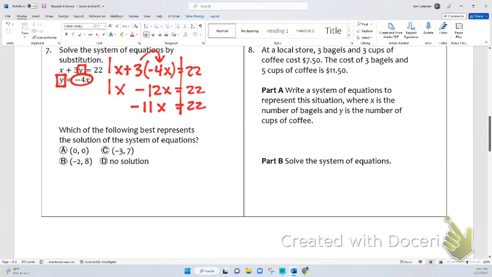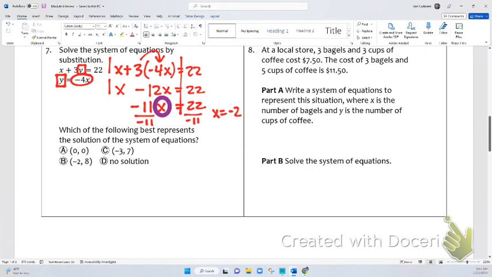And in order to solve for our unknown variable, we are simply going to divide both sides by a negative 11. And 22 divided by a negative 11 will give me a negative 2.